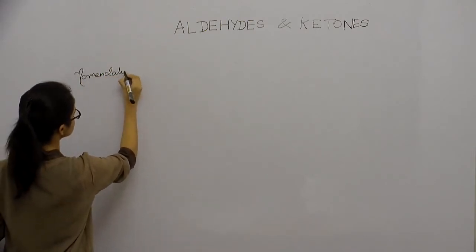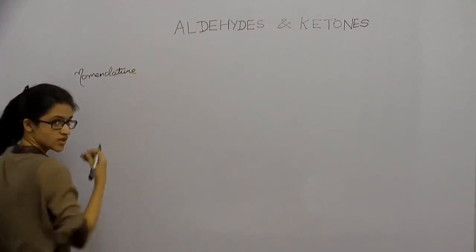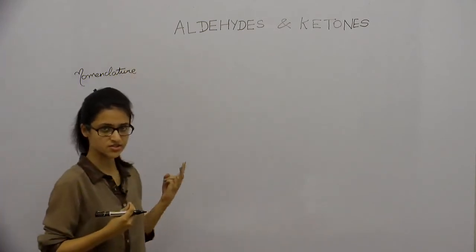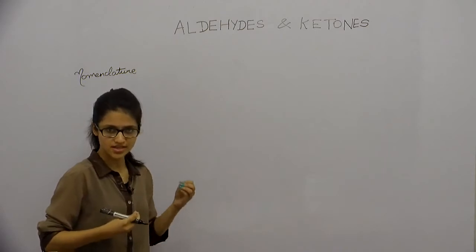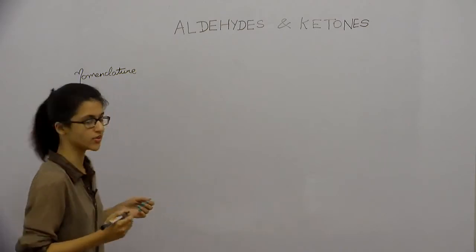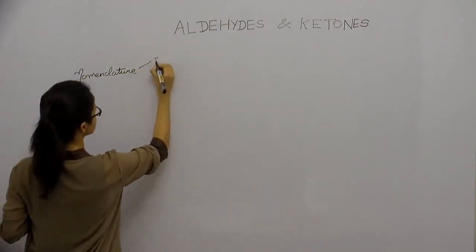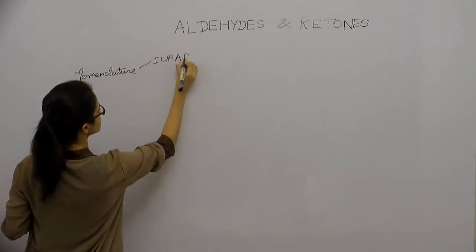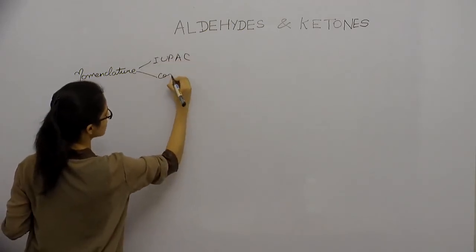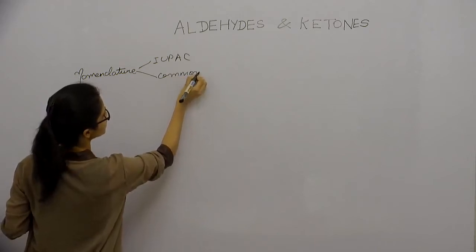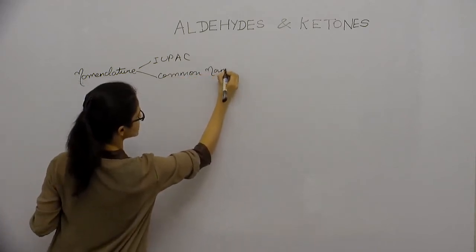We can define these two by two methods, either by the IUPAC name or the common name. We need to have a knowledge of both of them, so we'll deal with them separately.